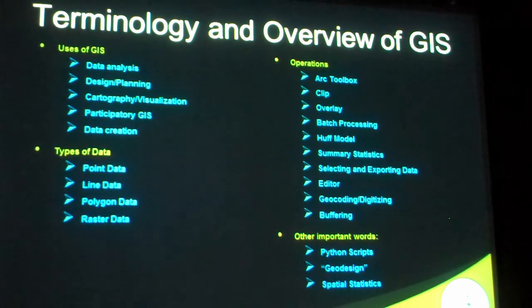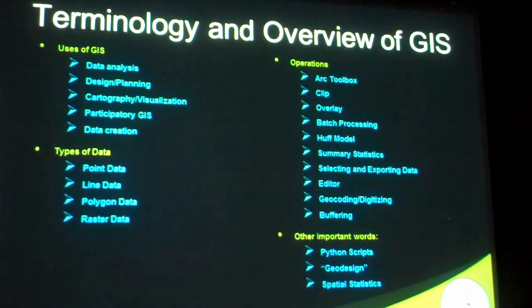Some of the basic operations, which we may get to, doing a little bit of a tutorial. Arc Toolbox is where all the tools are within ArcMap. Now what you might not know is you can make your own tools, and you can make your own workflow.